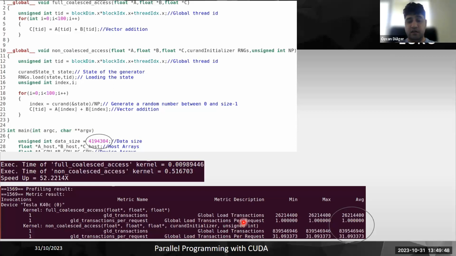And when we again check the results of the profiler, the global load transactions per request is again exactly equal to 1, because all of the threads access the same segments in all warps. Again, the global load transactions per request for the non-coalesced access kernel is around 31. It is very close to 32. So we obtain proper results from the profiler. So this improvement is very important.